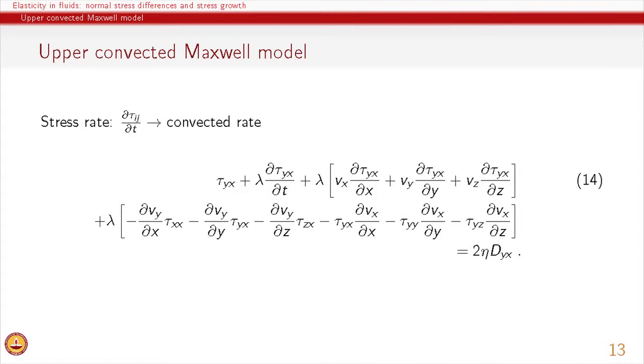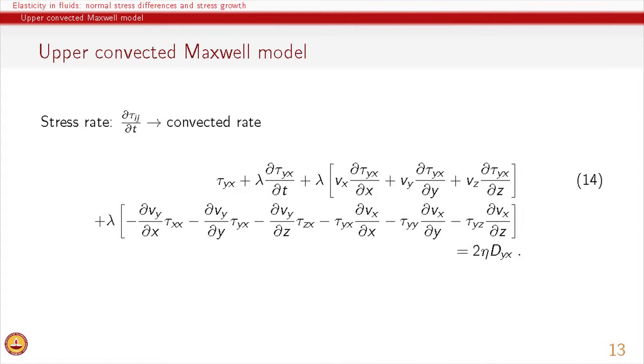The other one is the overall change in stress due to change in position, and of course, while the position changes the material also moves, for example, V x is del x by del t. So, the partial derivative of x with respect to time is V x. In fact, these terms arise naturally due to the chain rule, given that tau y x is a function not only of time but of x also. So, the material derivative is of course a measure of the rate of change of tau.